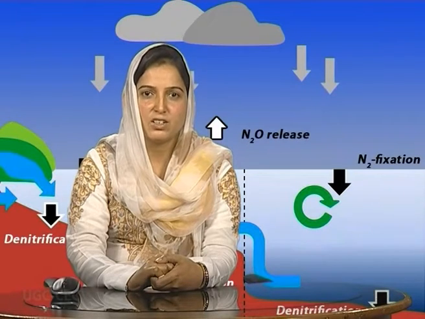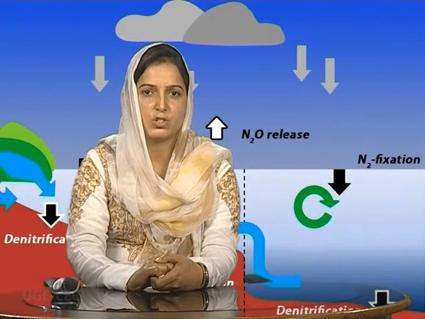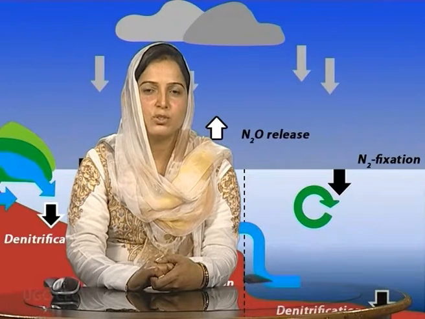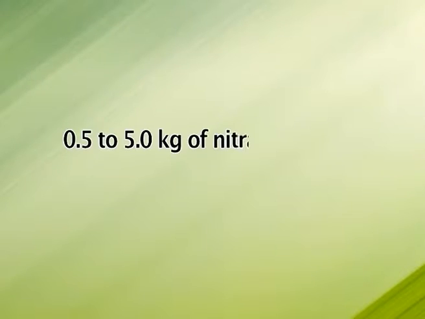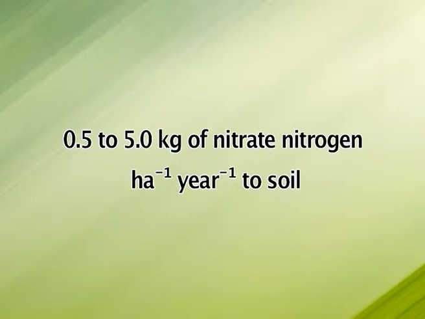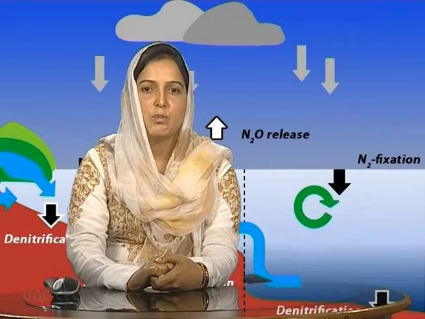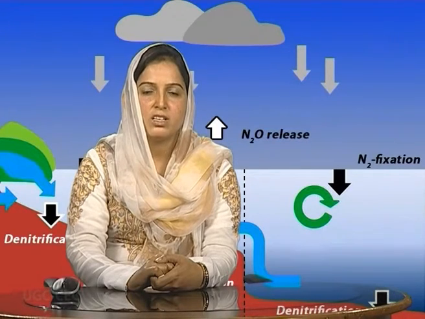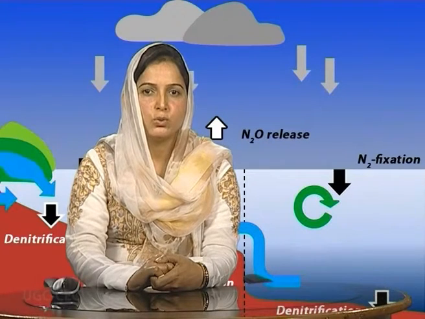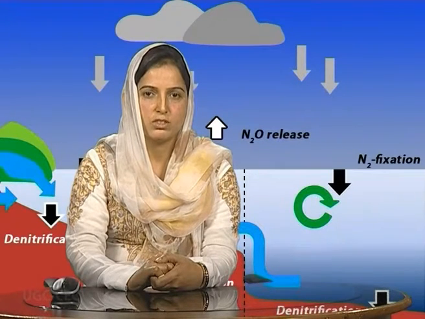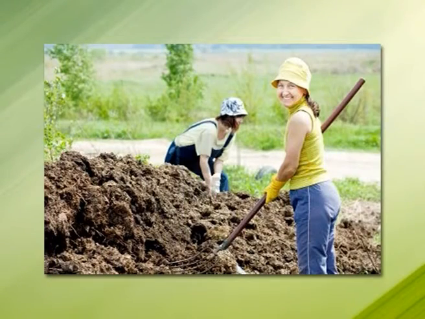Lightning provides enough energy to favor this transformation and contributes anything between 0.5 to 5.0 kilograms of nitrate nitrogen per hectare per year to soil. Apart from nitrification, there are many other sources of nitrate in the soil, which include atmospheric deposition and addition of nitrate and ammonia-based fertilizers to the soil.